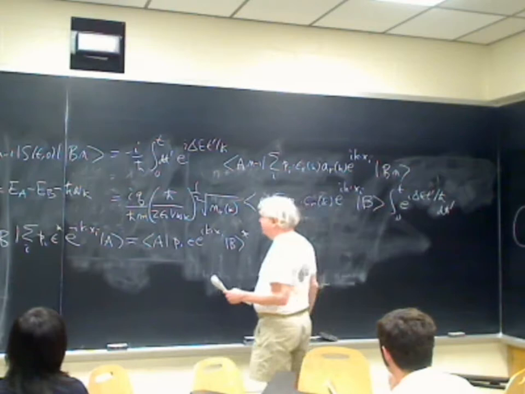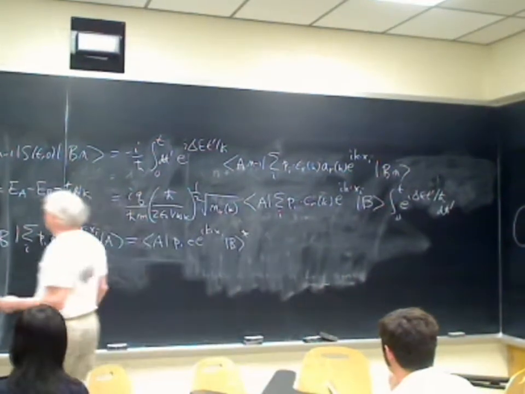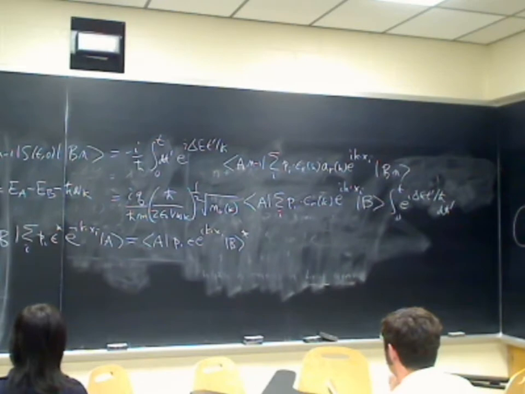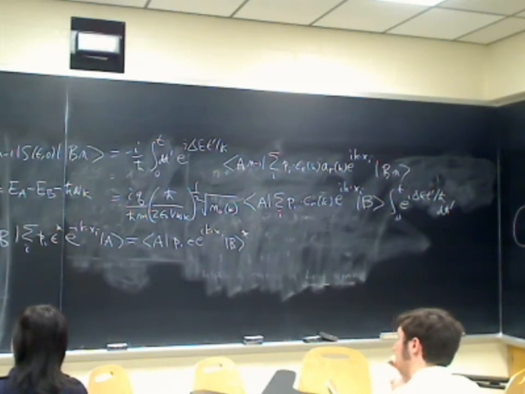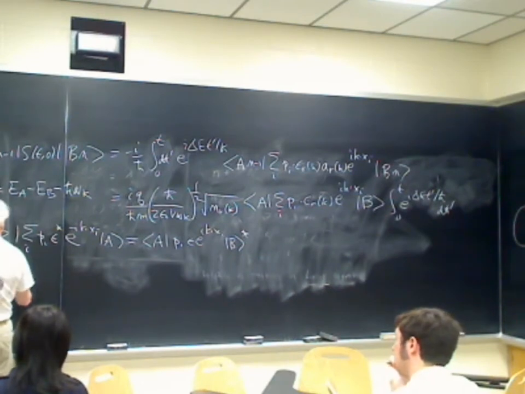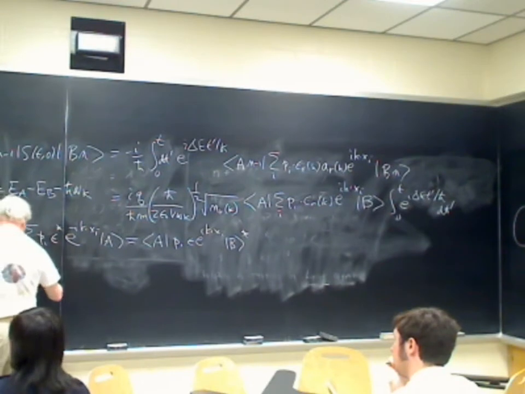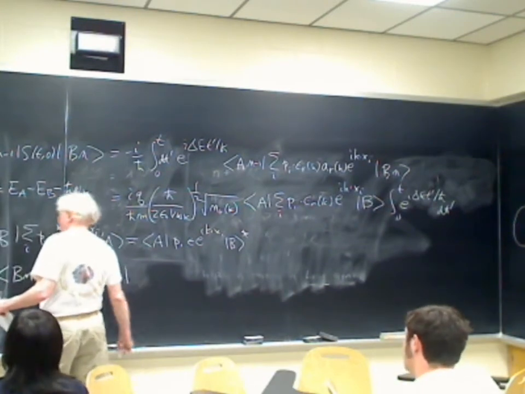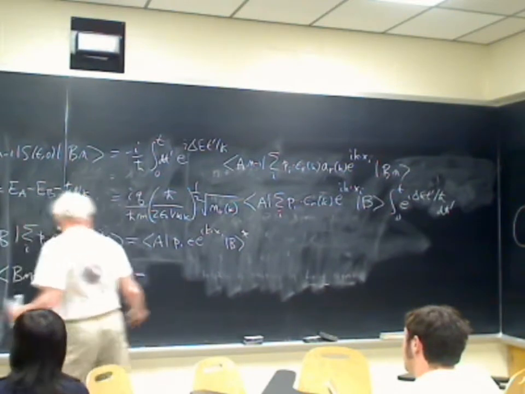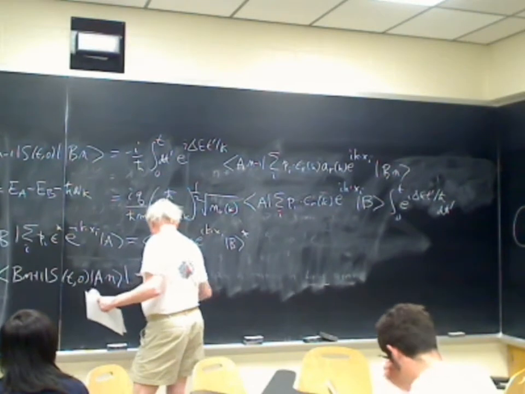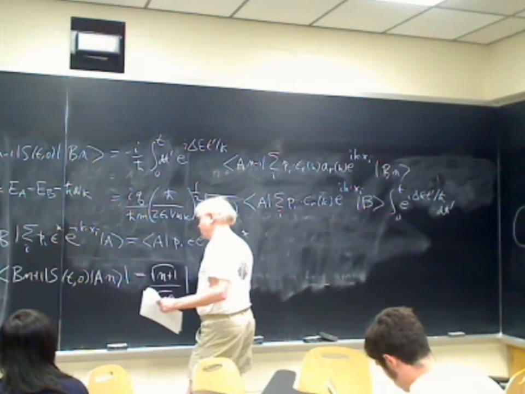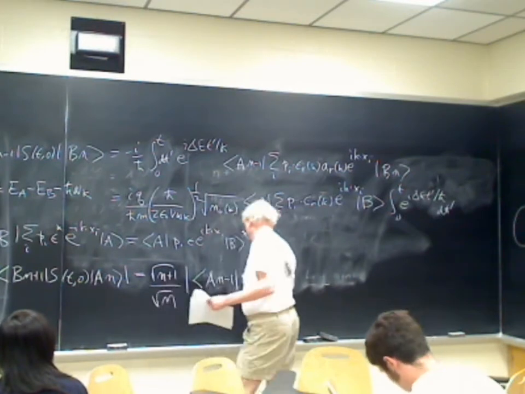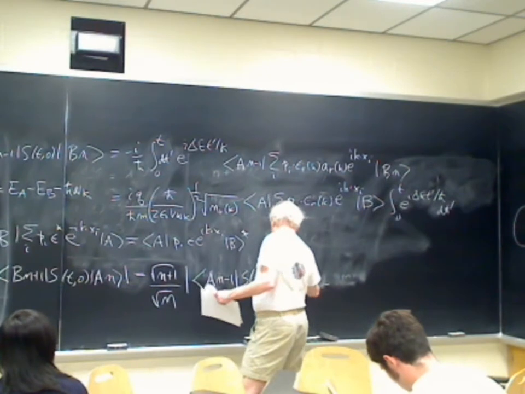So what we've got is that the absolute value, in other words, of the transition rate, that is to say, well, let me just say B, n plus 1, S T0, A, n, is equal to square root of n plus 1 over square root of n times the absolute value of A, n minus 1, S T0, B, n, absolute value.